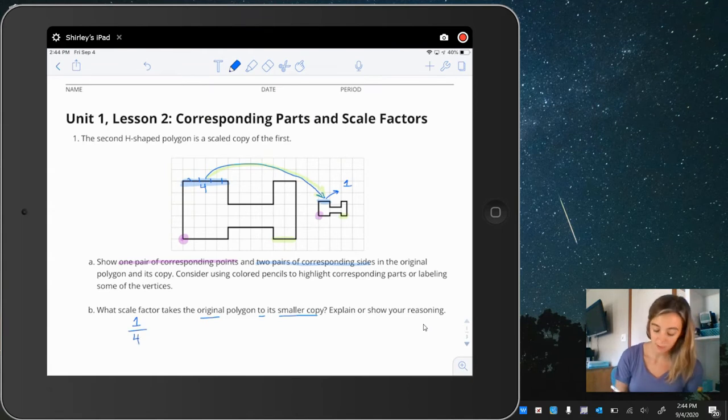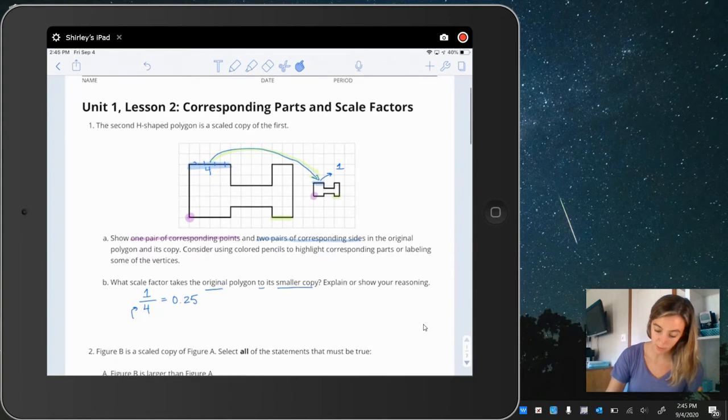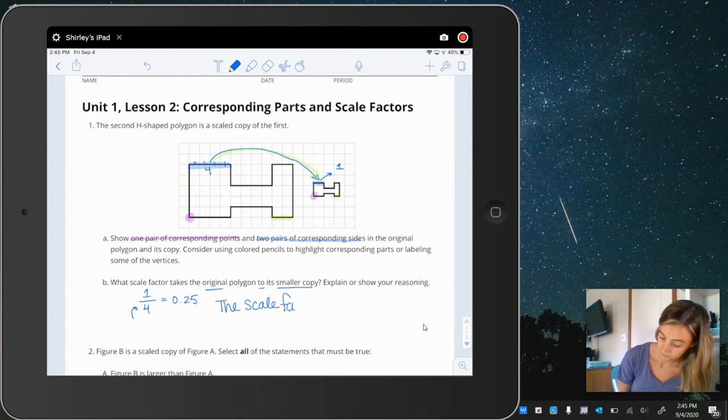If you wanted to write that as a decimal, it would be 0.25. However, I would prefer to leave it as a fraction. So the scale factor is 1/4.